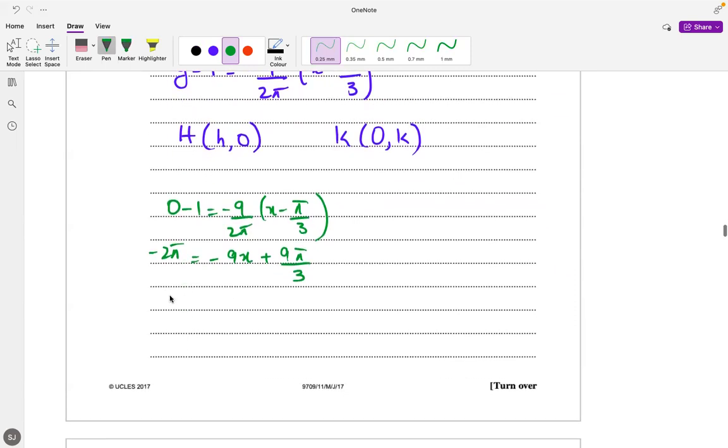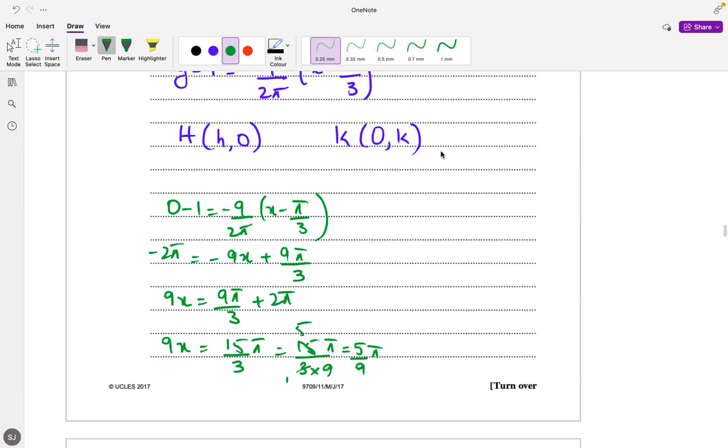Solving for x, we'll get 9x equals 9 pi upon 3 plus 2 pi. So 9x will become, 3 times 2 is 6, so 9 plus 6 is 15 pi upon 3. And then 15 pi upon 3 divided by 9 will become, 3 ones are 3, 3 fives are 15, so we have the value 5 upon 9 pi.